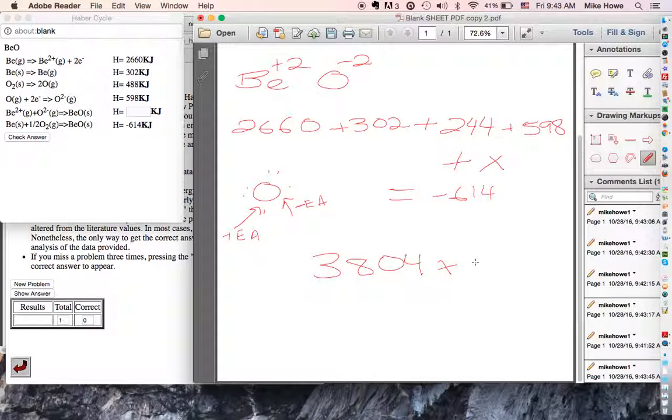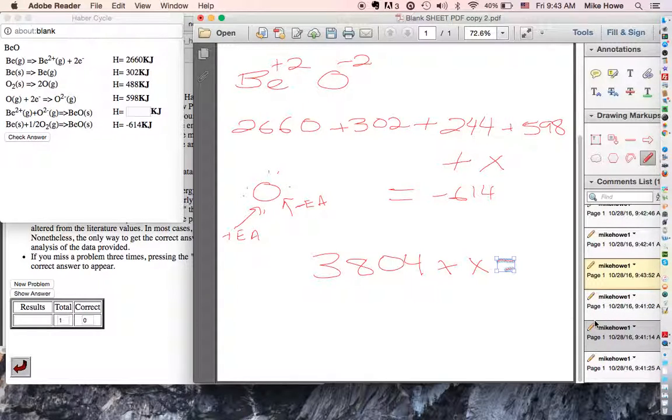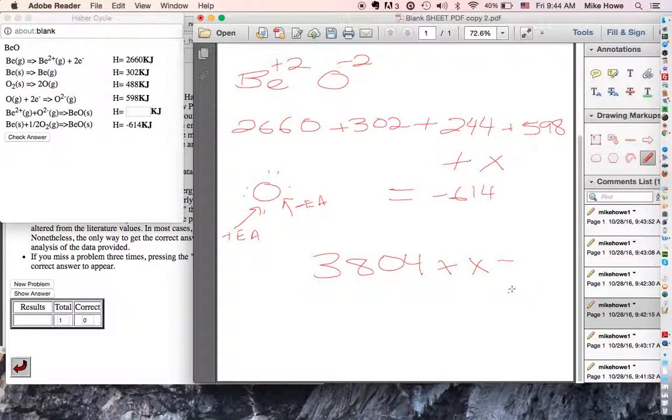So that's the top line, and I'm going to add x to that. After I have added x to 3804, I should get -614.